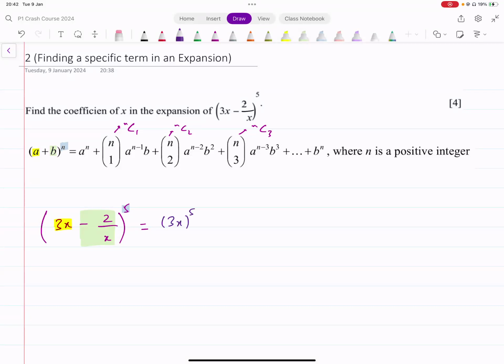So basically the expansion that we have always follows a certain pattern. What's that pattern? The powers of x are going to be in a linear sequence. What's a linear sequence? An arithmetic sequence, an arithmetic progression. You've done this in O-levels already.